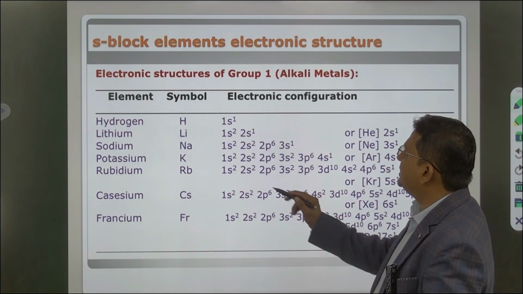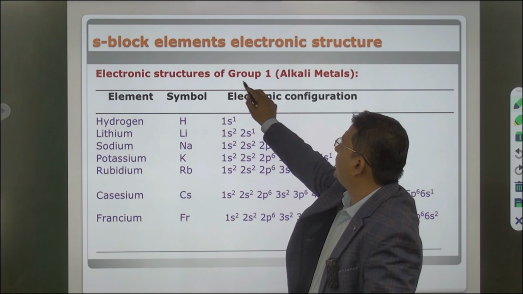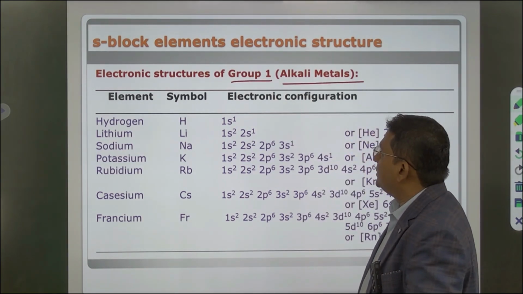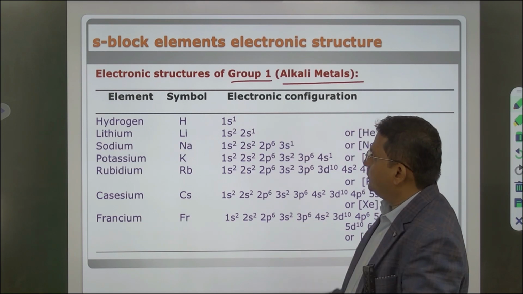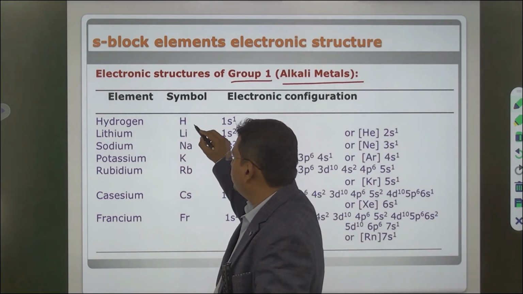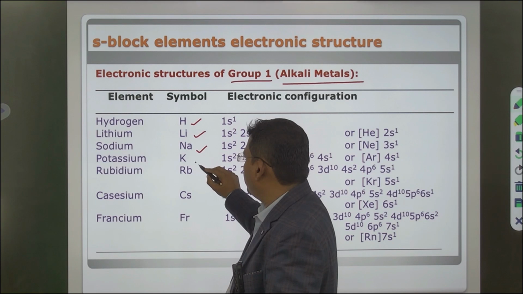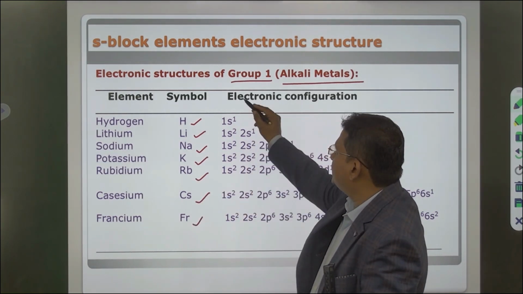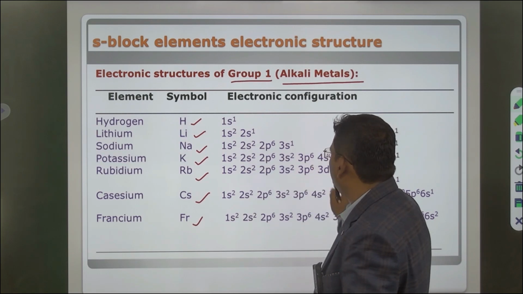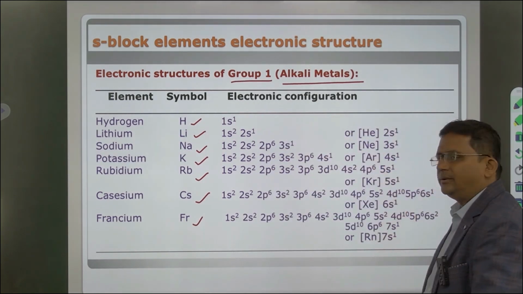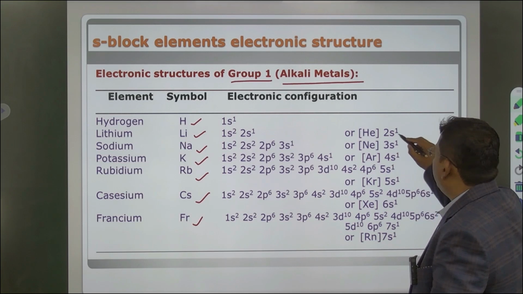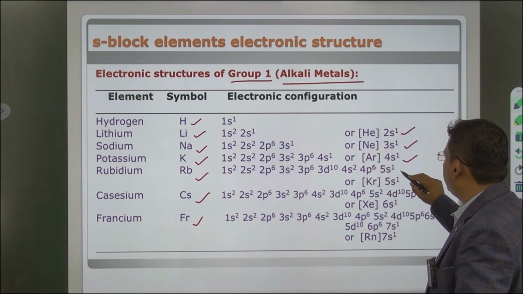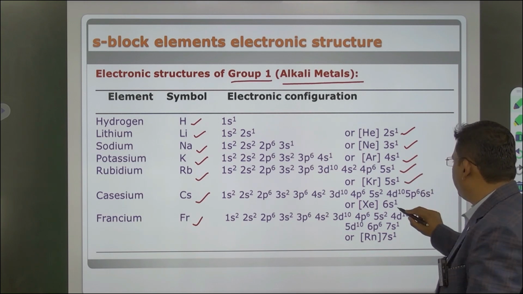First, we see the electronic structure of group 1. It's called alkali metals. In group 1, we find hydrogen, lithium, sodium, potassium, rubidium, cesium and francium. And this is the electronic configuration of the metals, and the valence shell has an s1 electron.